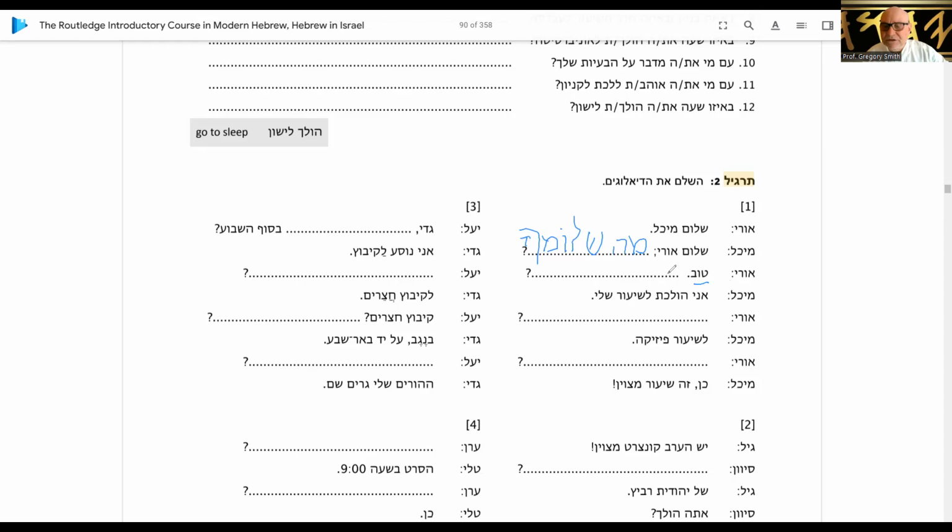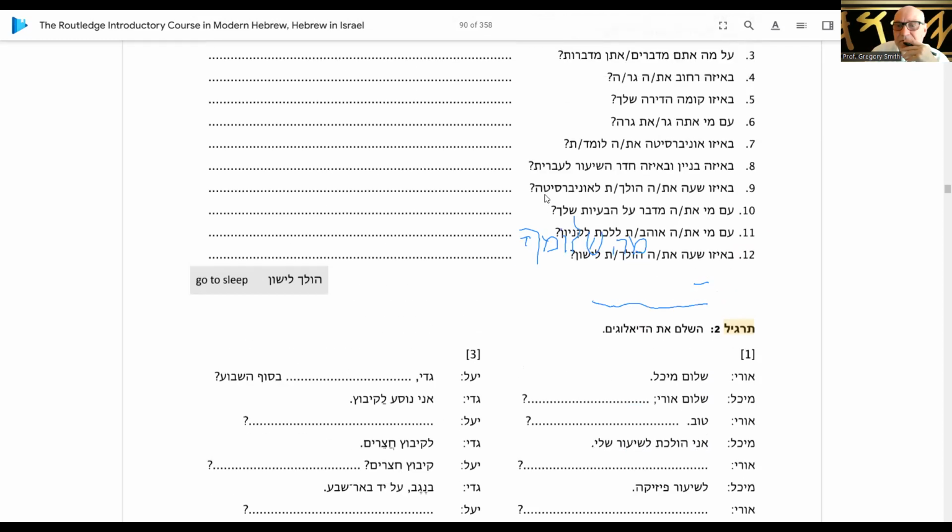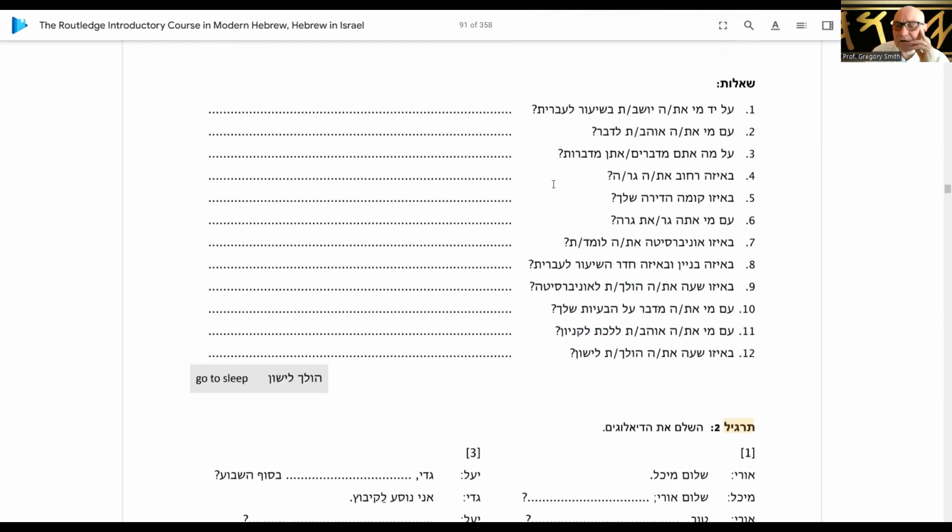And so let's see. Now it has to fit this right here. The question has got to fit the answer. So ani holeket leshiur shali. So I am going to my class. So if Ori says where are you going, we could say, I think we could use from where or to where.